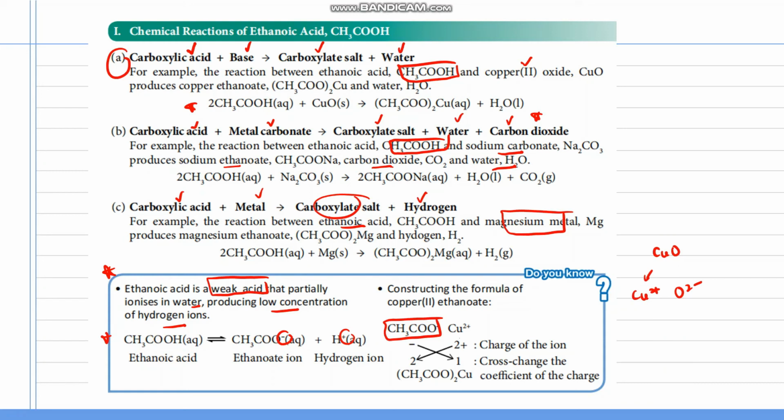So here we have the copper 2 plus ion. The ethanoate ion has a charge of -1, and the copper 2 plus has a charge of +2. So by cross-checking the coefficient of the charge, the 1 will go to the right, and then the 2 will go to the left. So finally, we will produce copper(II) ethanoate.